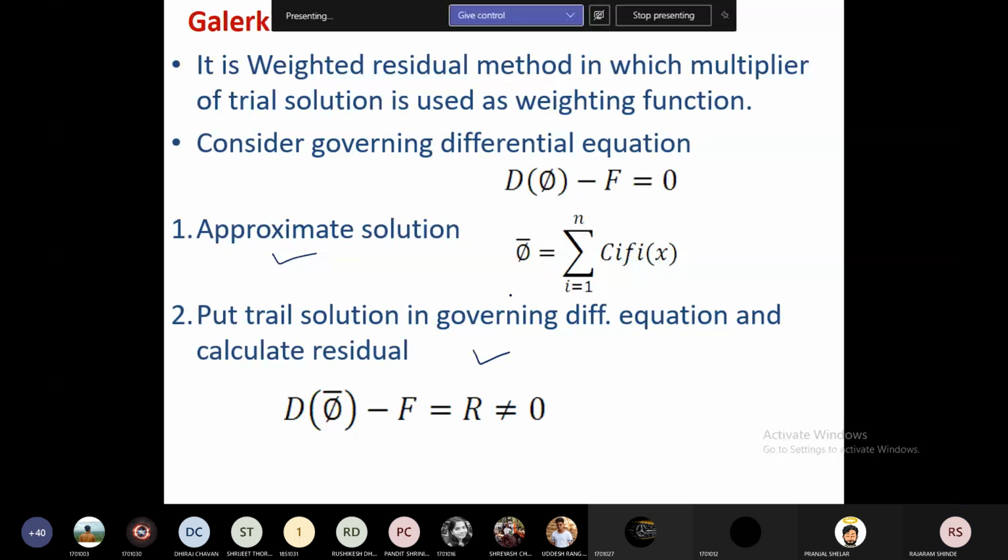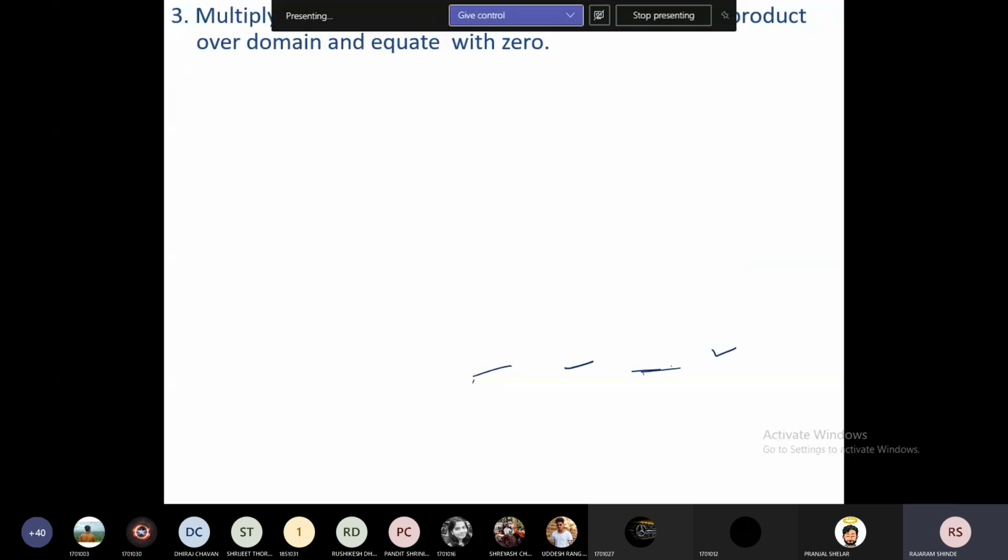Then you calculate the residual. After that, you select the weighting function as a multiplier of this parameter, which is a function of x. After that, you integrate that product over the domain and equate it with zero.